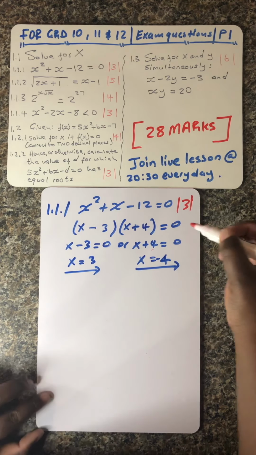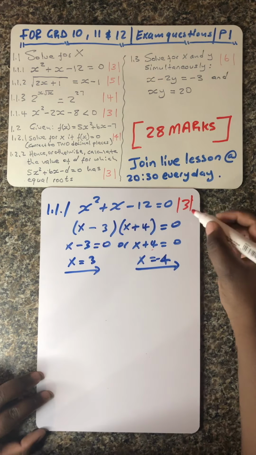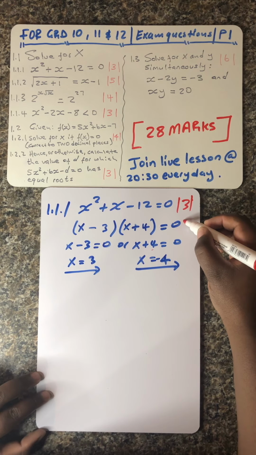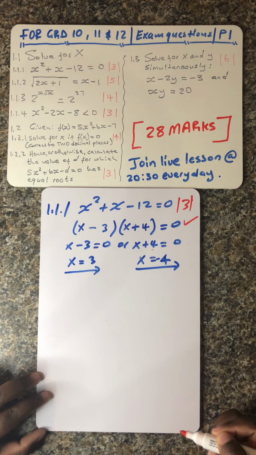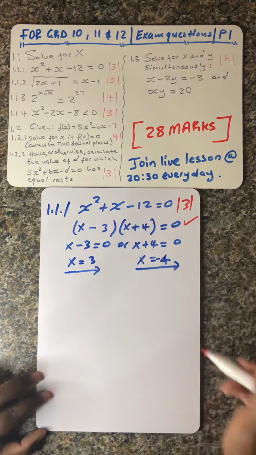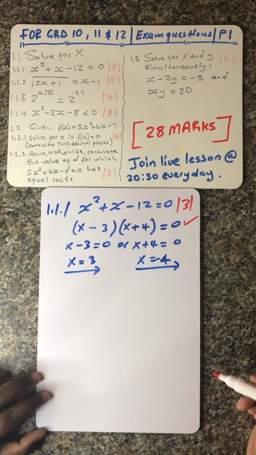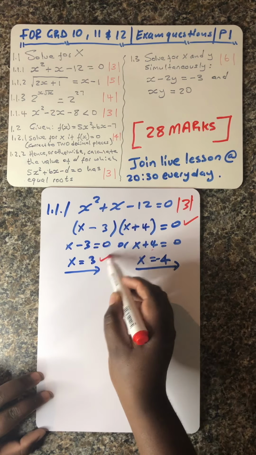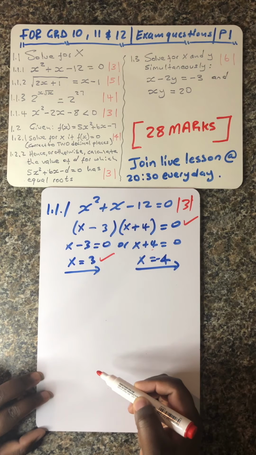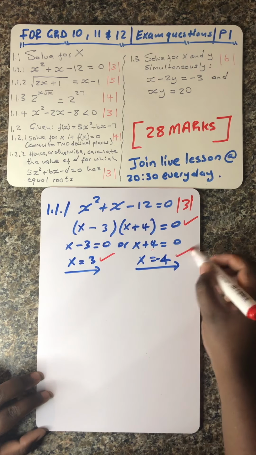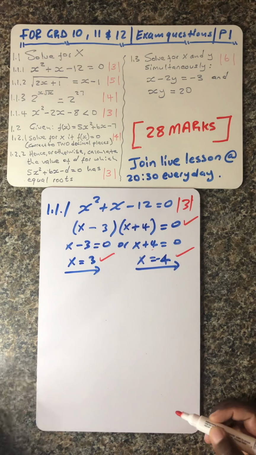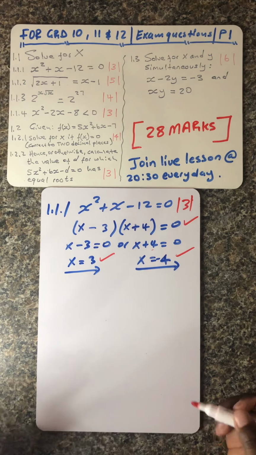Okay, so now in terms of marking this question, guys, they are going to give you 1 mark for the correct factors, and your second mark will come from the correct value of x, and the other mark will come from the other correct value of x.